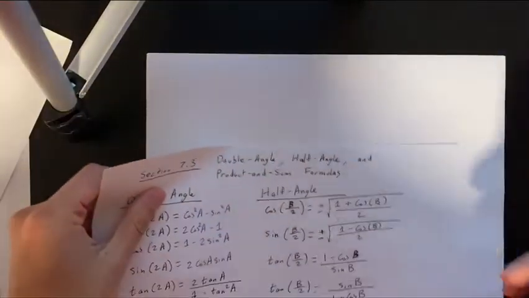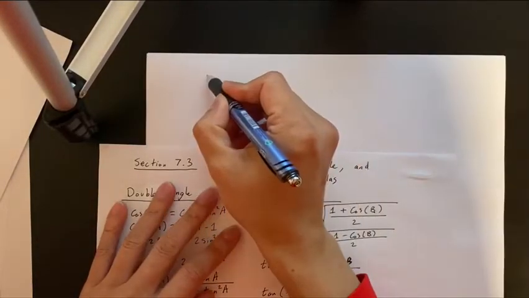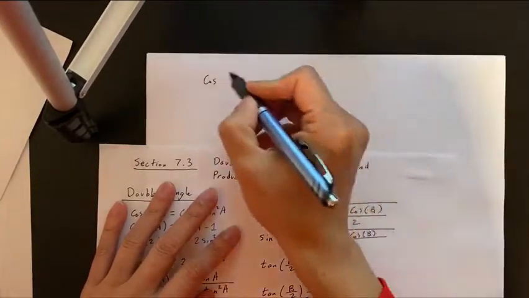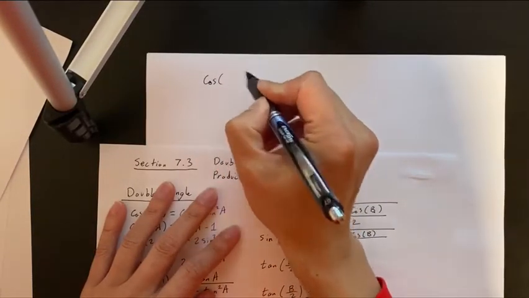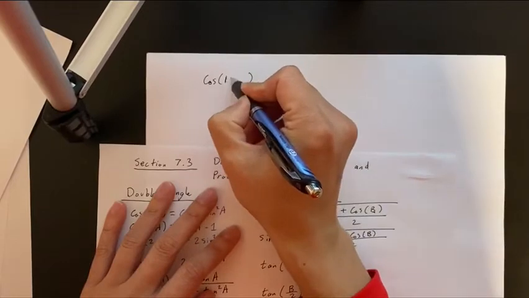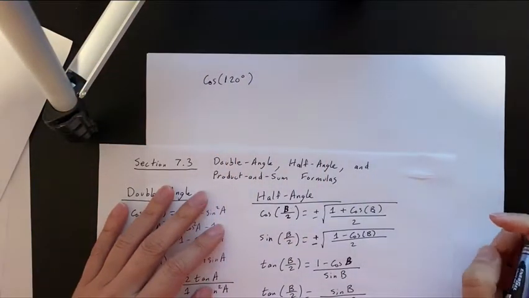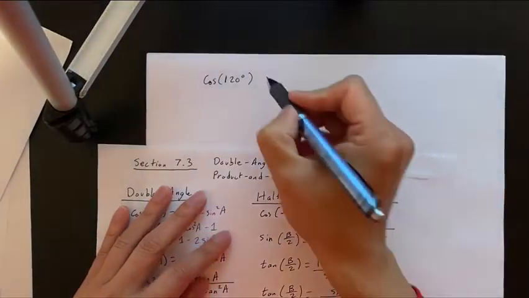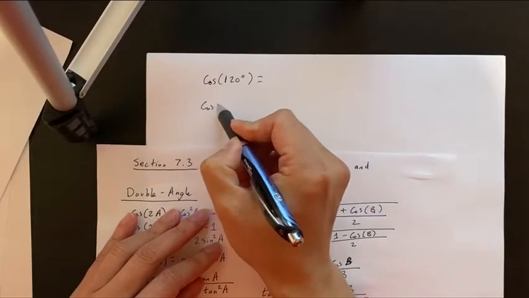So let's try cosine of 120 degree. I can write that as half of something.